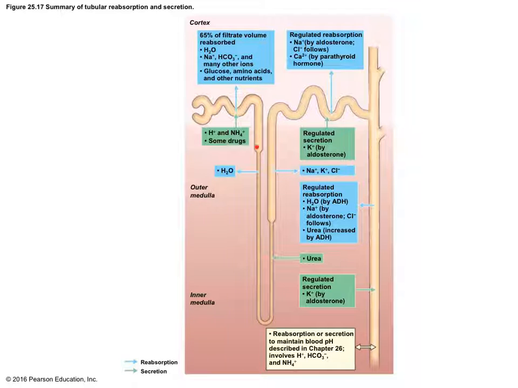And then you have the nephron loop, which descends into the medulla. So the ascending nephron loop is impermeable to water because this thick endothelial tissue here doesn't have aquaporins in it. Ions, however, are permeable in the ascending, and so the ions are reabsorbed into the tissue here and eventually into the capillaries, which would be around the tubules.